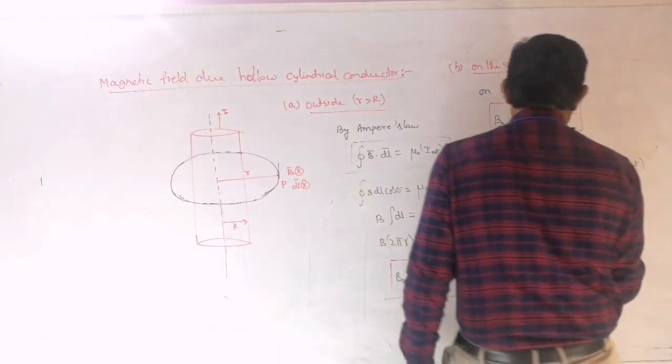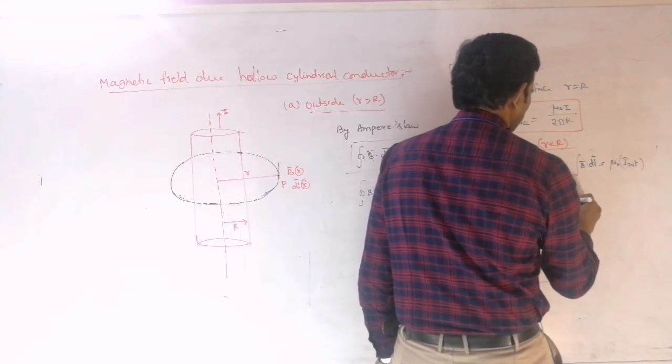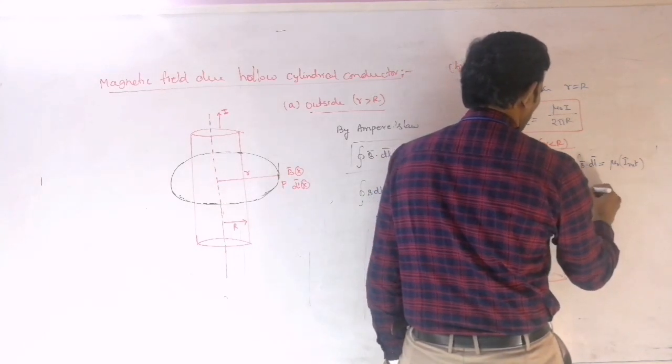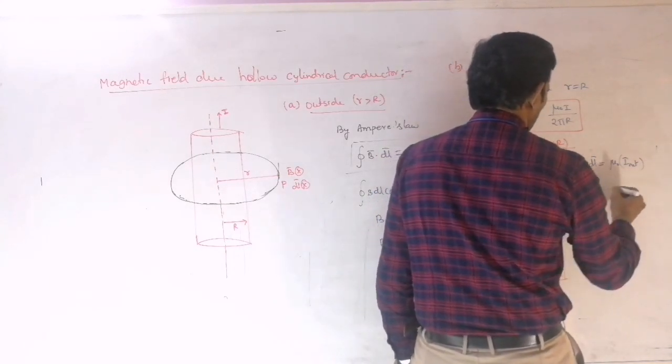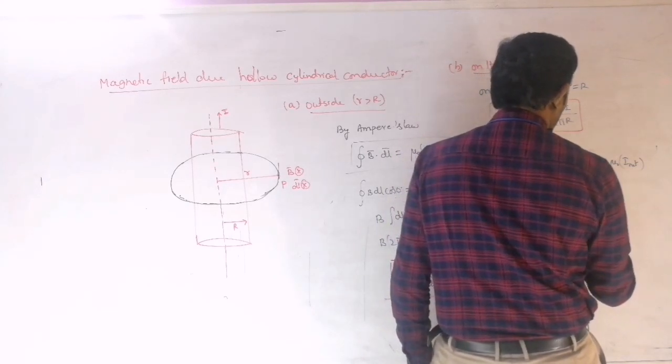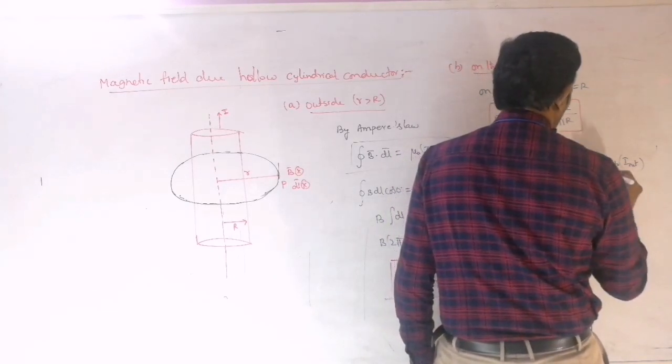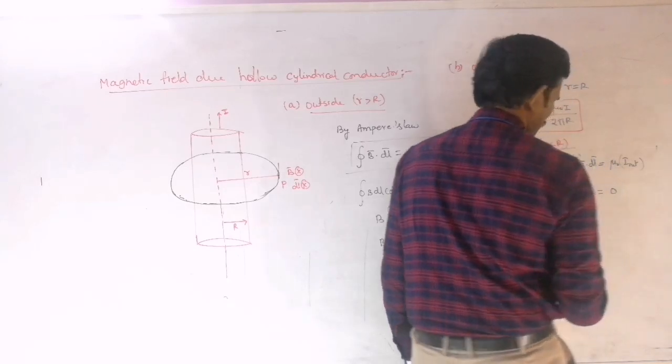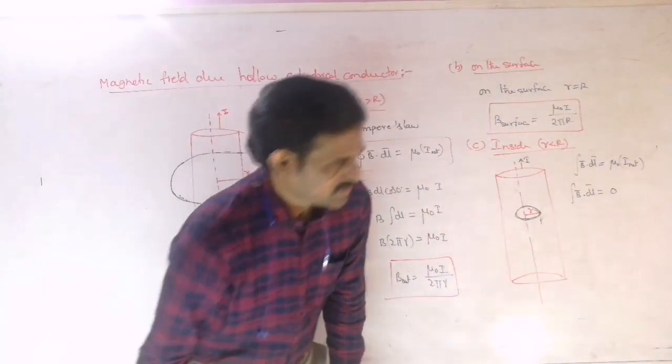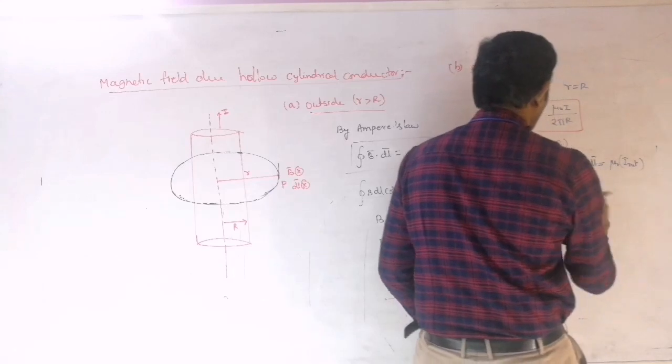Now the integral of B bar dot dl bar is equal to 0 here, because no current is enclosed by this Amperian loop.